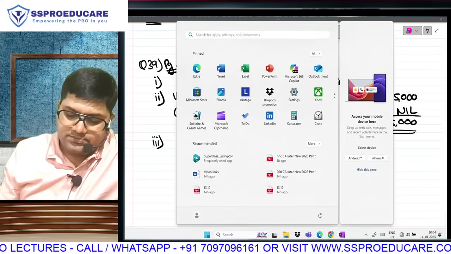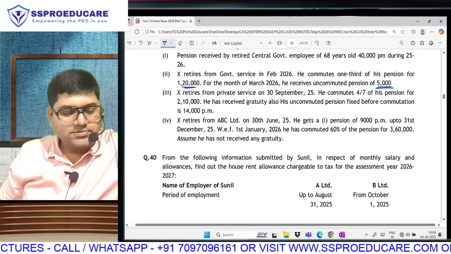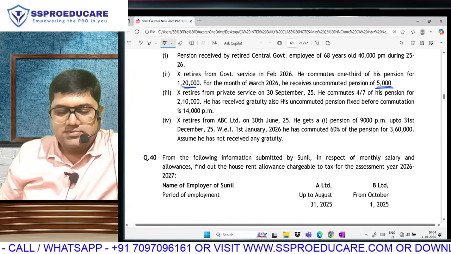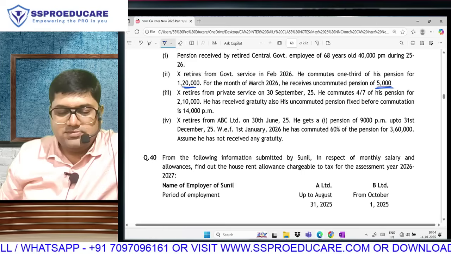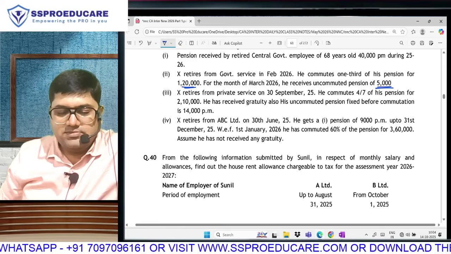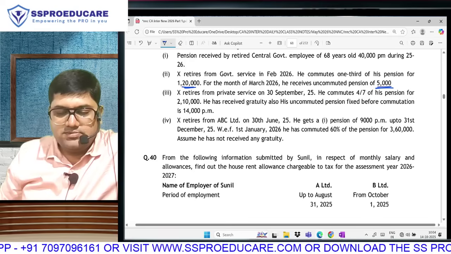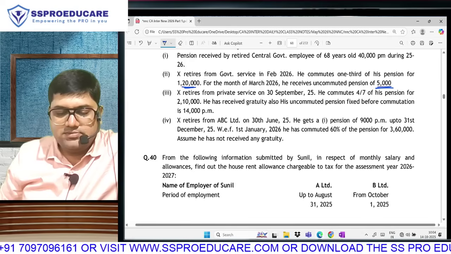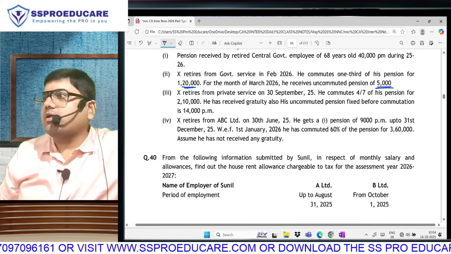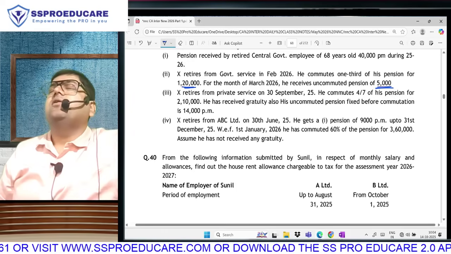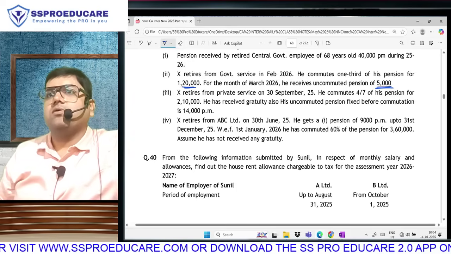Third. X retires from private service on 30 September 2025. He commutes 4/7 of his pension for 2,10,000. He has received gratuity. Also, his uncommuted pension is 14,000. See, how you should be thinking is more important first. First thing that you should think is whether this is a commuted-uncommuted combo.